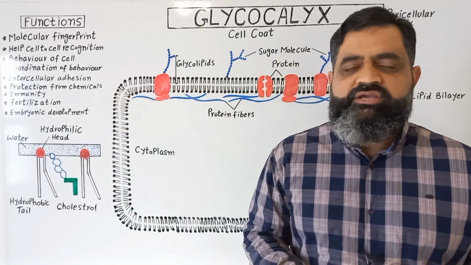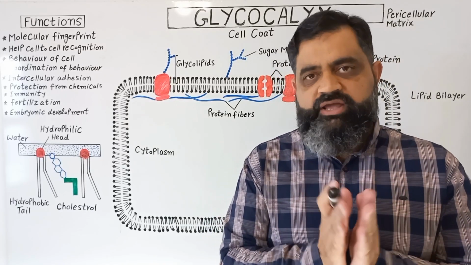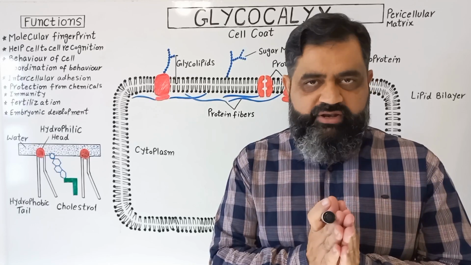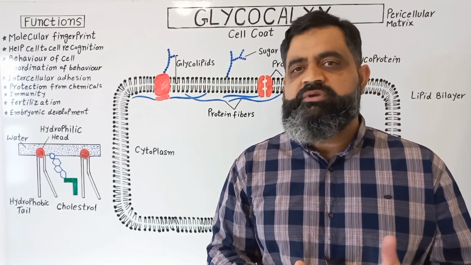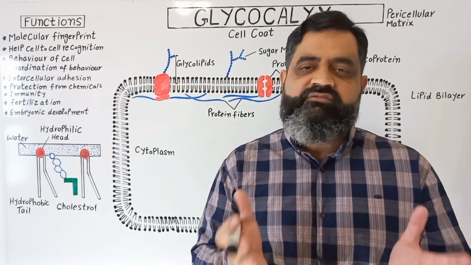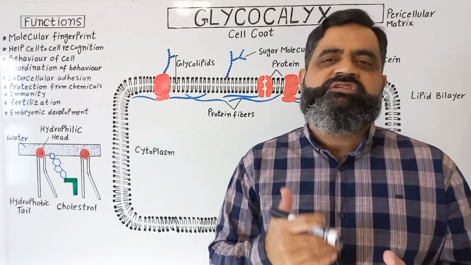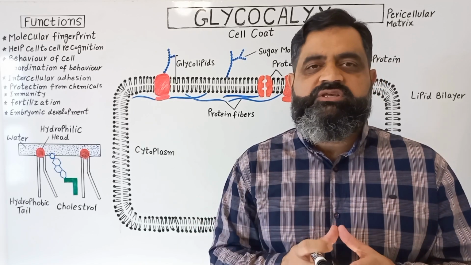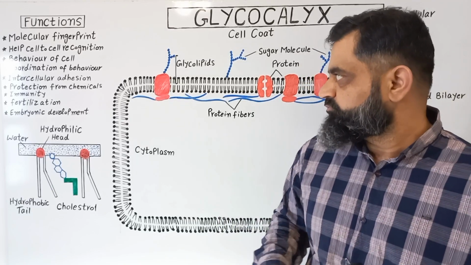Each type of cell which has the same set of molecular glycocalyx behaves in the same manner. Like glandular cells, they behave the same. Nervous tissue behaves the same. Red blood cells or white blood cells behave in the same pattern. So this is a coordination produced between the same type of cells, and this is due to the glycocalyx.